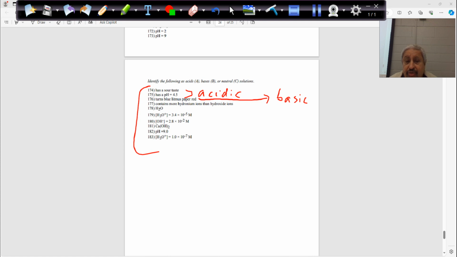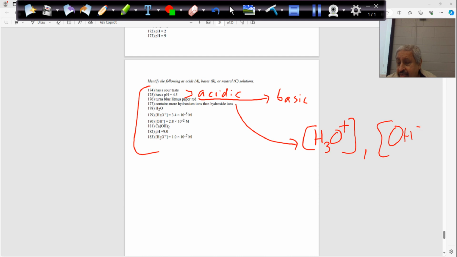Contains more hydronium ions than hydroxide ions. The more hydroxide ion, the more basic the solution. The more hydronium ion, on the other hand, then you have acidic. So you look at this question and ask yourself, this one is hydronium ion and this is the OH minus. If this one is greater and this one is lower, then the solution is acidic.